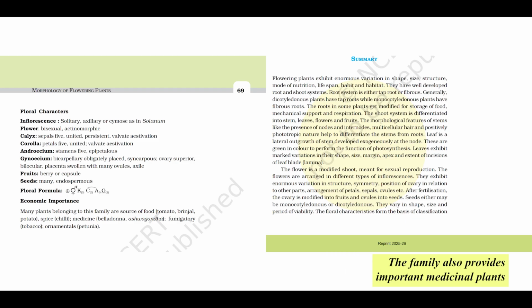The family also provides important medicinal plants like belladonna, source of atropine, and ashwagandha, Withania somnifera, used in traditional medicine. Tobacco, Nicotiana tabacum, used as a fumigatory and stimulant, also belongs here. And finally, many beautiful ornamental plants like petunia, browallia, and cestrum, night-blooming jasmine, are cherished members of the Solanaceae, adding beauty to our gardens. Food, spice, medicine, fumigatory, ornamentals, it really is a very important family.